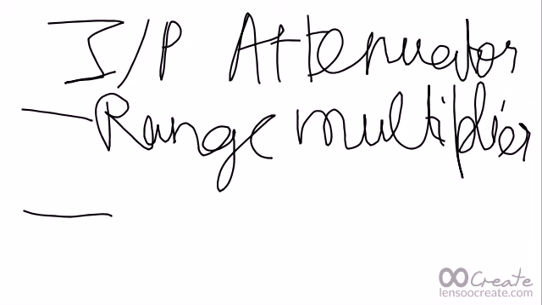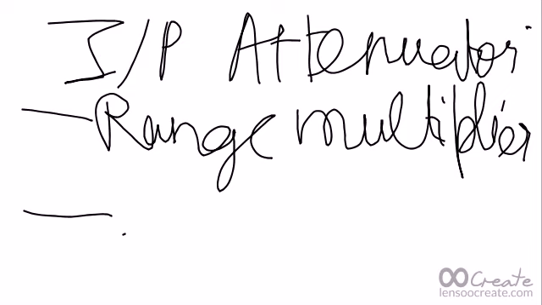So basically the complex wave which is to be analyzed is passed through an adjustable attenuator which serves as a range multiplier, and it permits a large range of signal amplitude to be analyzed.